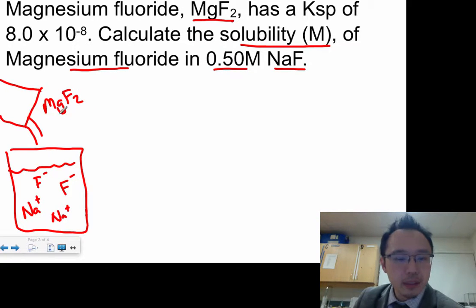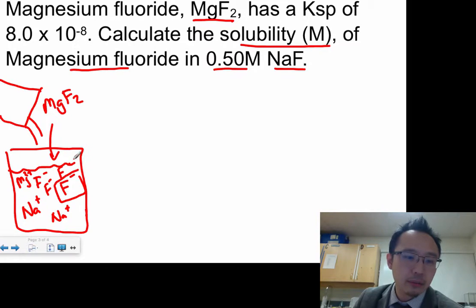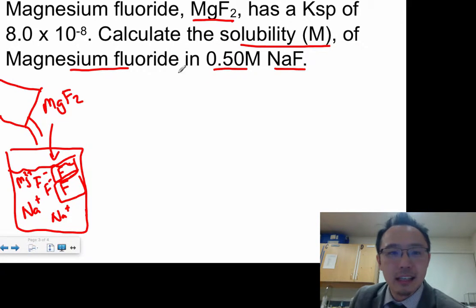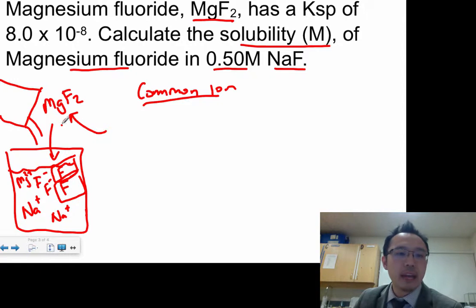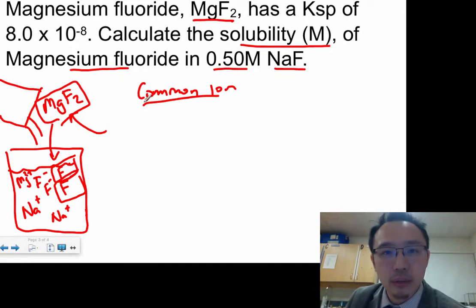When this gets in here, it's going to go into magnesium 2+, and you're going to get more fluorines in there. So the fluoride ion in this case is the common ion, because it's the same one. And the question is asking, what is the solubility of the compound that you're adding in?